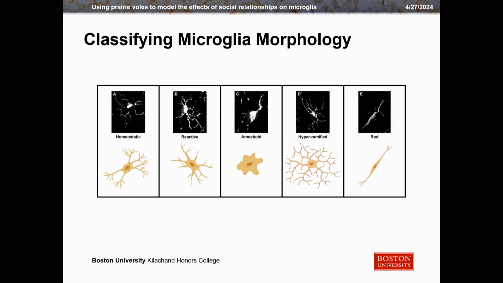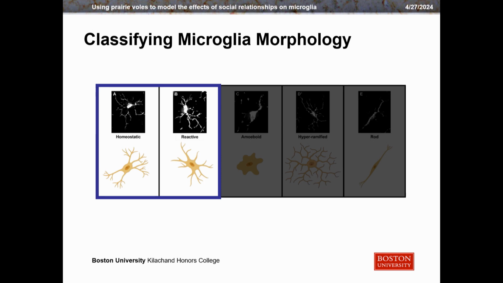So one of the ways that we've studied microglia throughout history is by classifying their morphology. This diagram is an example of a research paper that classified microglia morphology into 5 distinct subtypes. However, the focus of my project is the spectrum of homeostasis to reactivity. If you're not familiar with the term homeostasis, it essentially refers to the optimal functioning of an organism.